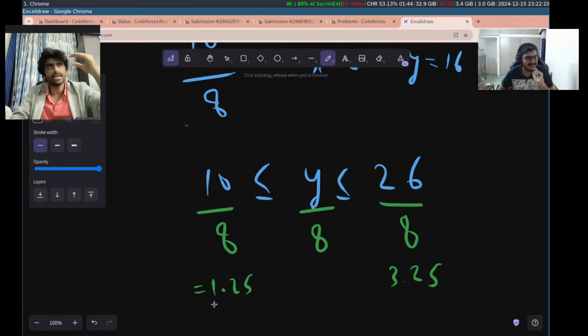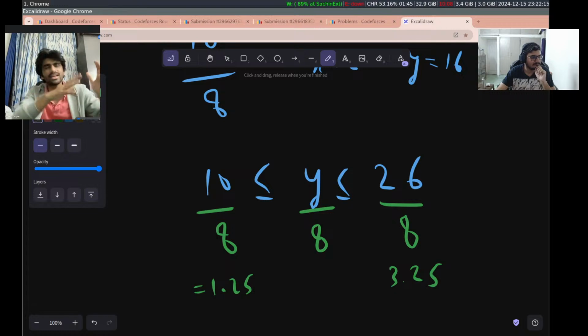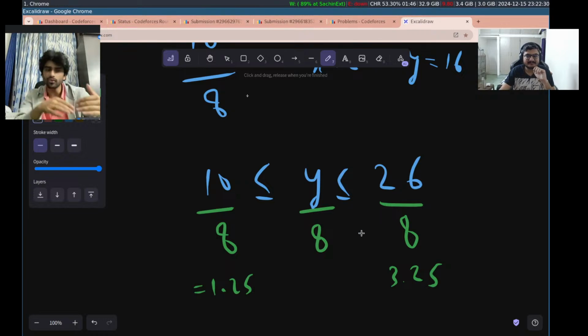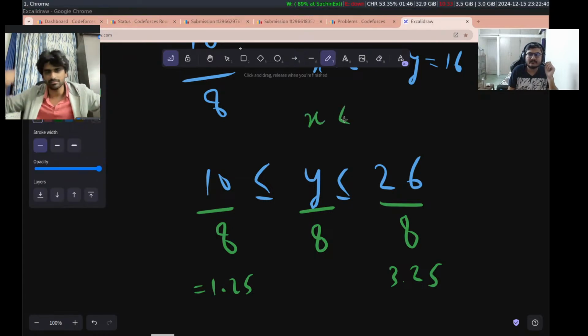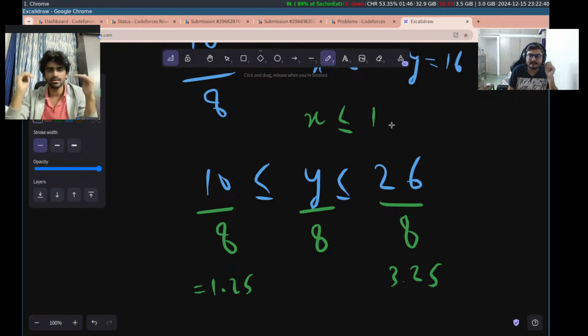Basically it should be L2 divided by k to the power n, and we want something greater than or equal to that. To do that, we need to ceil it, because for example here we have 1.25. If we don't ceil it and we floor it, then it will be 1, and 1 is not in our correct range. So we must ceil the lower limit and must floor the upper limit.